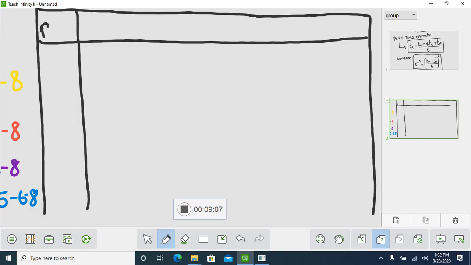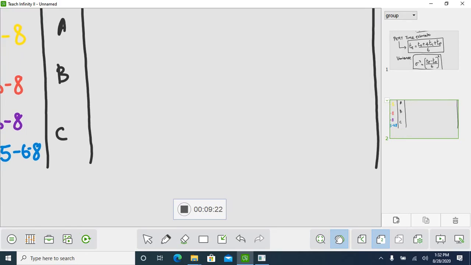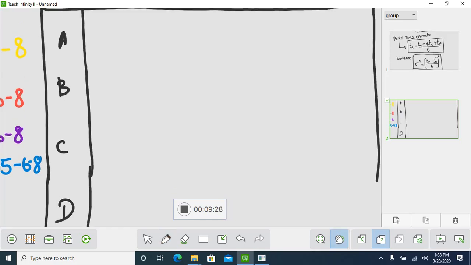You can write all the paths over here. So what are the paths you have? That is A, B, C, next is D. So these are the 4 paths you have.